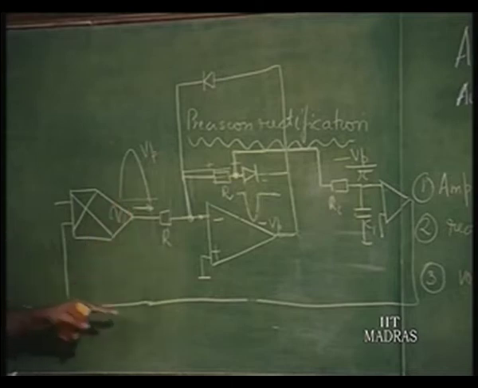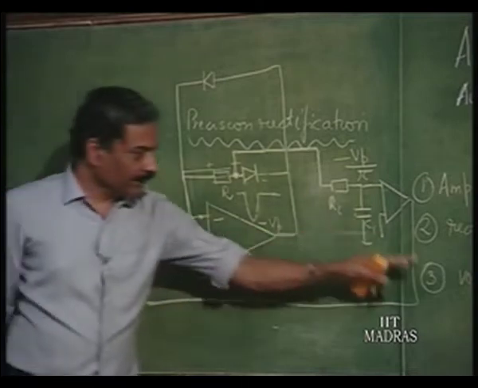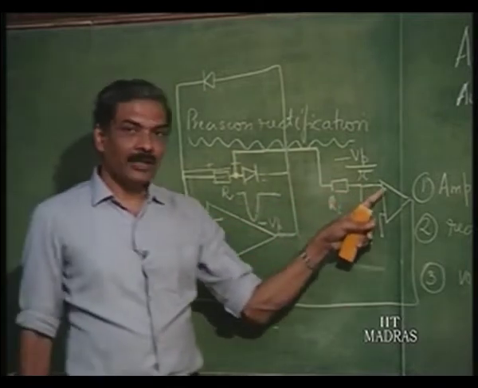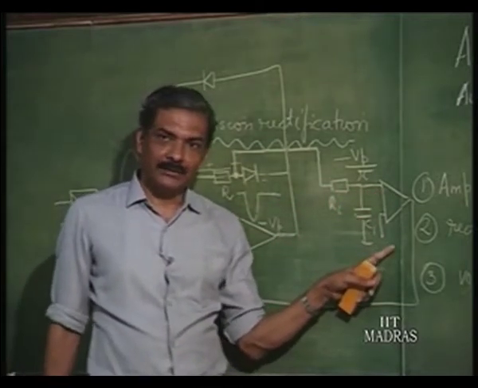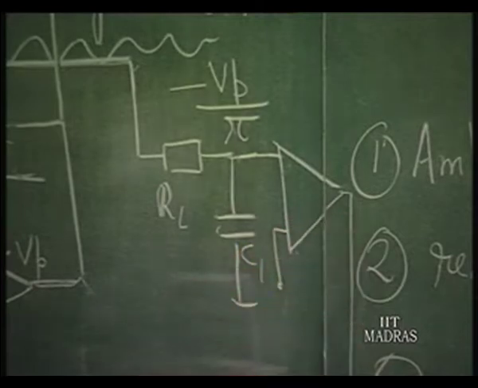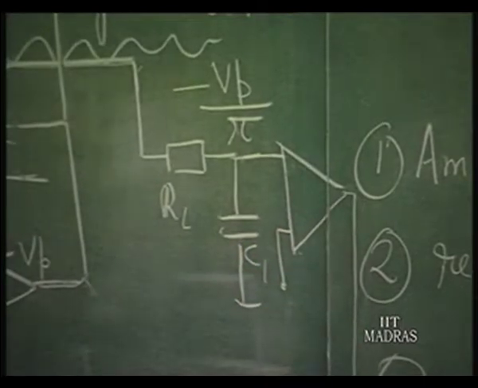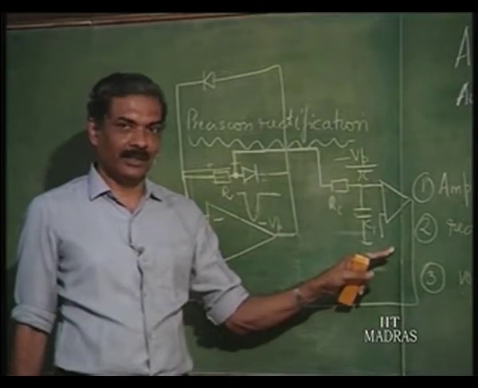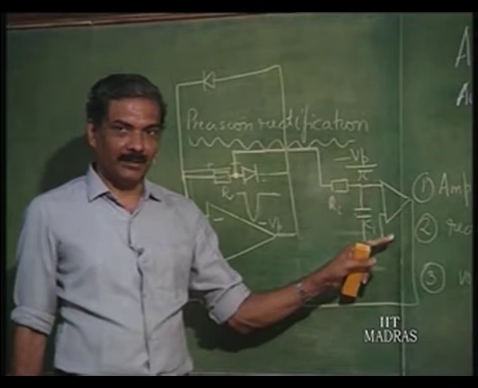But if you decide that this will work for negative only, then correspondingly you have to select the polarity here. If you decide that this shall work for positive only, then correspondingly the polarity will be different for negative feedback. So, this is something that you should bear in mind.